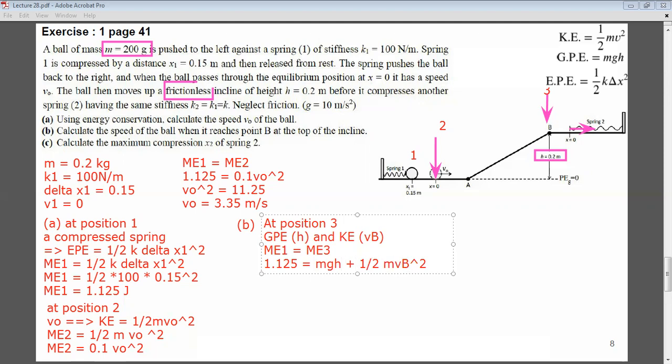And this also, let's say it's hb. So we solve 1.125 is equal m, which is 0.2, times g, which is 10, times hb, which is 0.2, plus half m, which is 0.2, times vb, I'm supposed to calculate it, square.